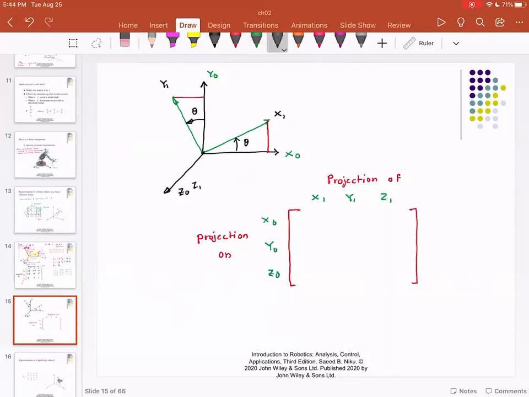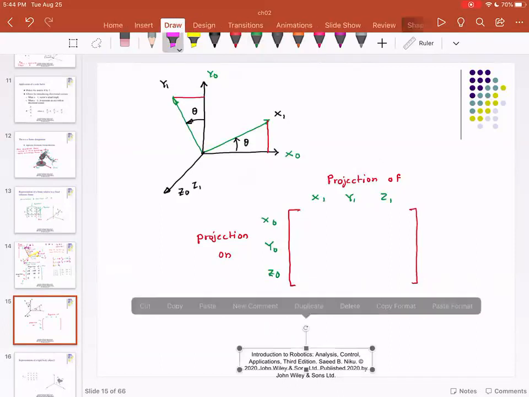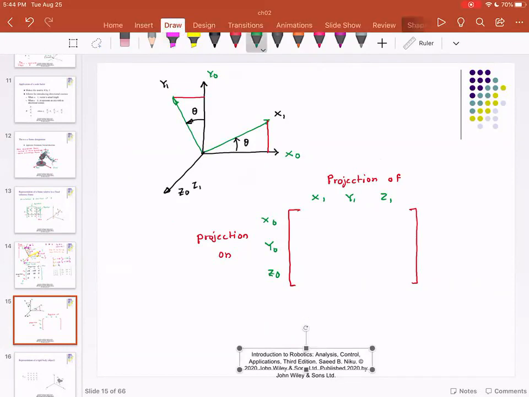Check this out. Projection of x1 onto x0 is this guy, which is cosine theta.